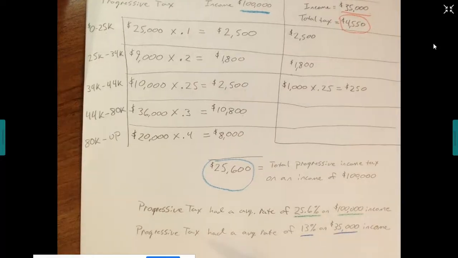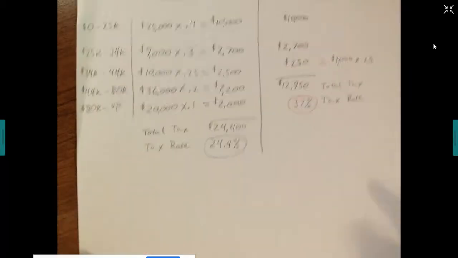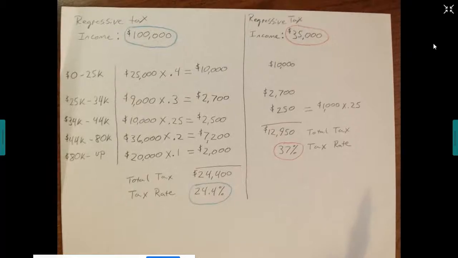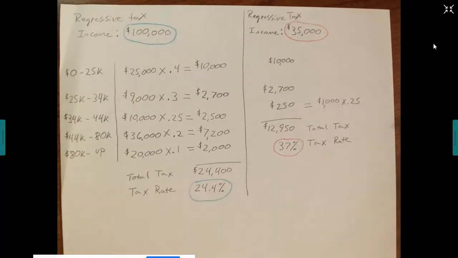The regressive tax works in a different format. For a regressive tax, the higher your income, the lower the percentage of tax you will pay. Please notice that I said a lower percentage, not a lower dollar amount, but a lower percentage.